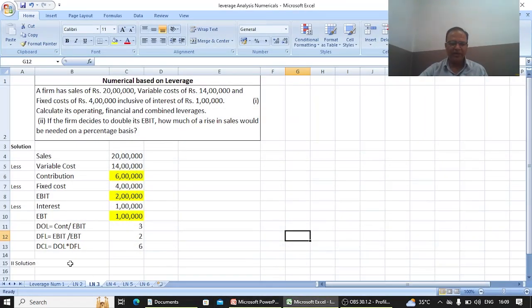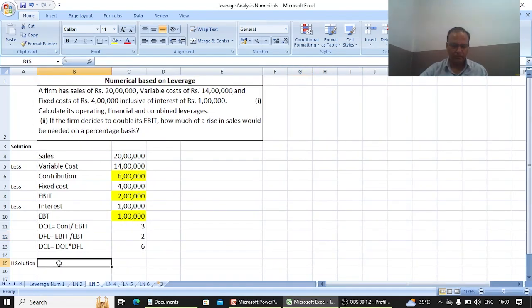Percentage change in EBIT divided by percentage change in sales.